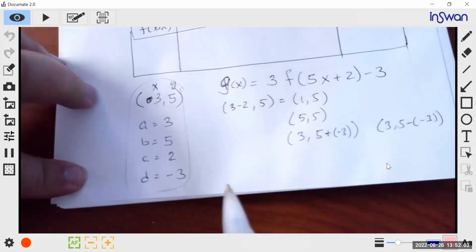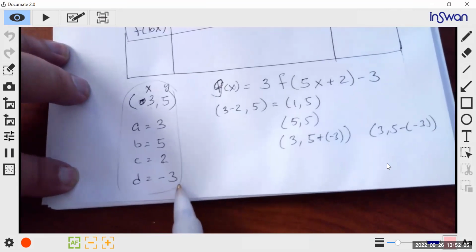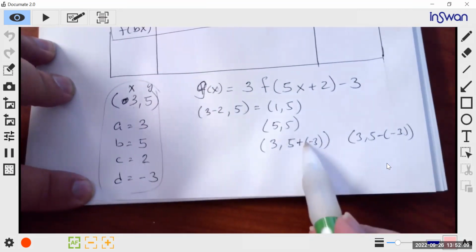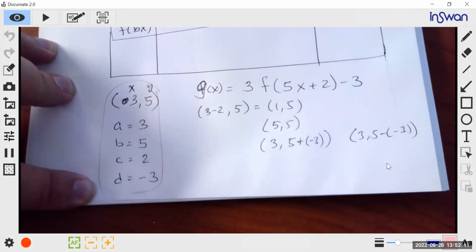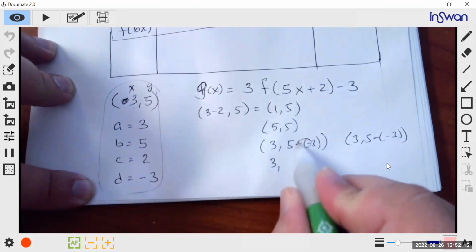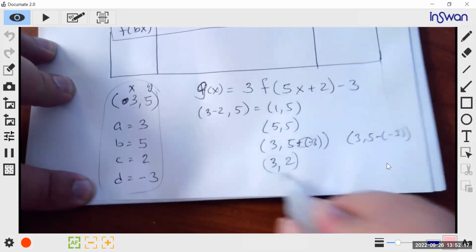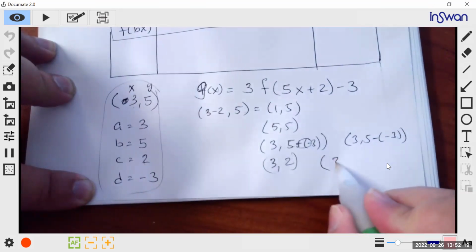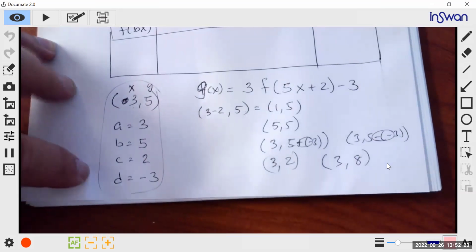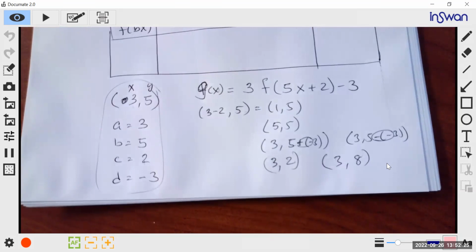What's the value of d? -3. So the d value is added to the y. So the new point is 3, 5 minus 3 is 2. So 3, 2. Those become +3, 8. Again, it has to change vertically.